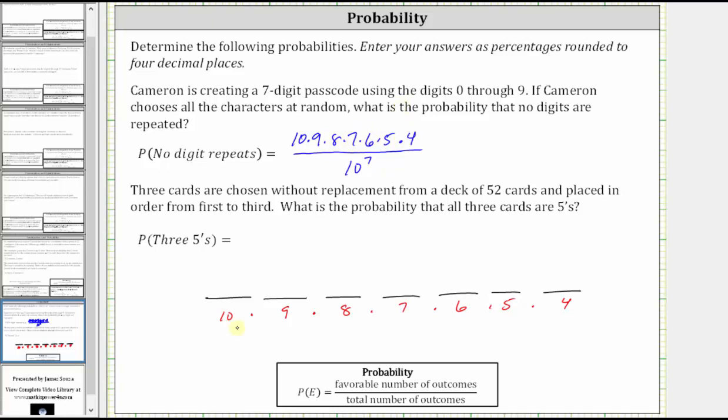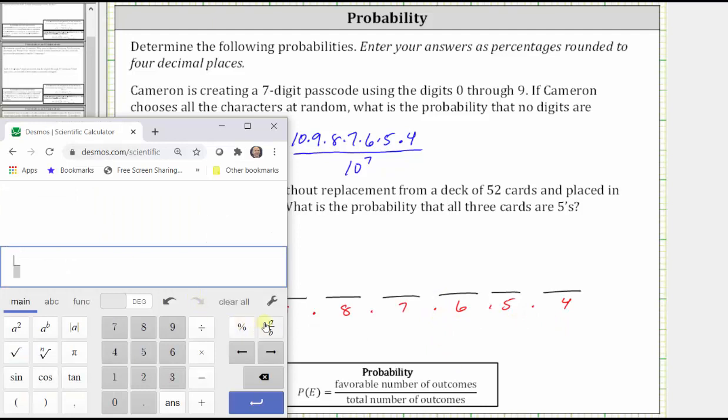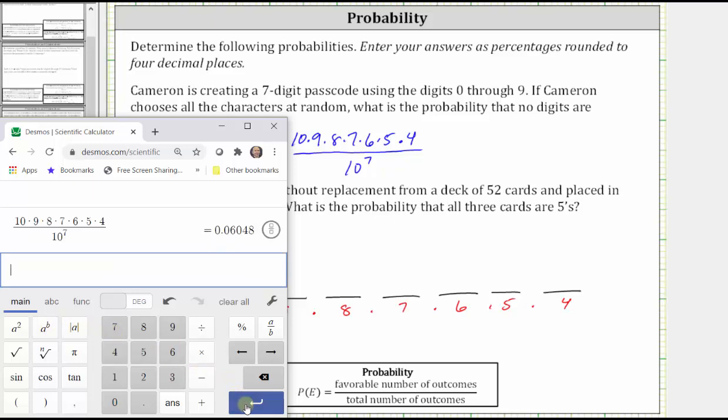We could have also used a permutation here and determined 10 permute 7, but I think this approach makes more sense. And now let's go to the calculator. Let's click the fraction key, and then we have 10 times 9 times 8 times 7 times 6 times 5 times 4, tab. The denominator is 10, and then we press the exponent key into the exponent of 7, and enter.